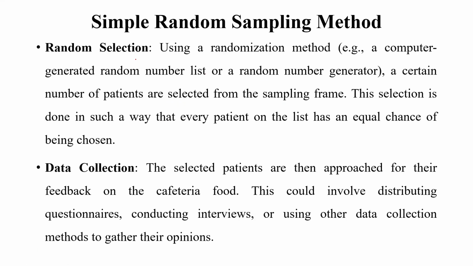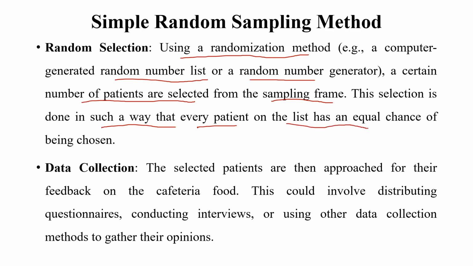So after that, we need to start random selection. Using a randomization method, a computer generated random number list or a random number generator, or we can use the lottery method, a certain number of patients are selected from the sampling frame. This selection is done in such a way that every patient on the list has an equal chance of being chosen.